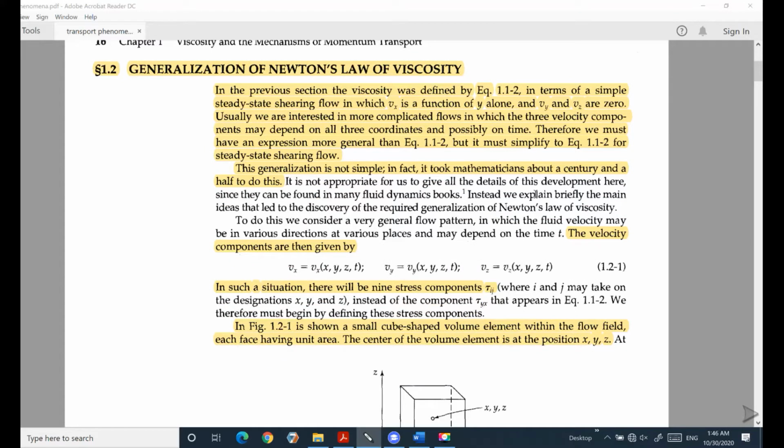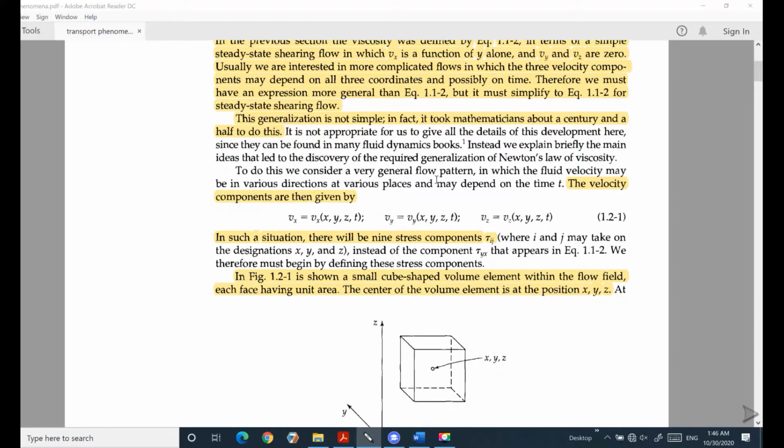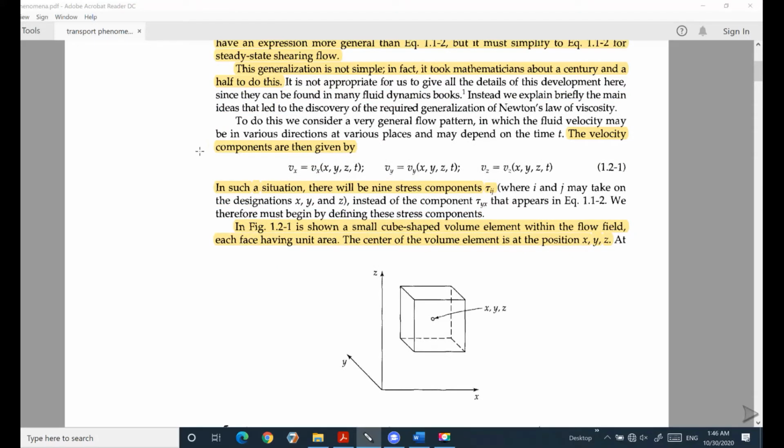But in many cases, the velocity of the fluid can depend on the x, y, z directions and time. So any fluid velocity has three components, as we know before. These are Vx, Vy, and Vz.